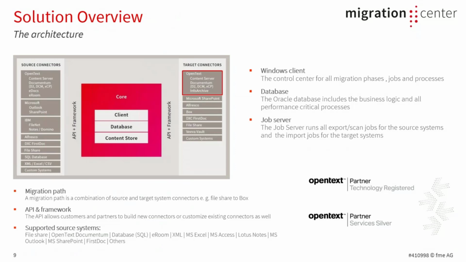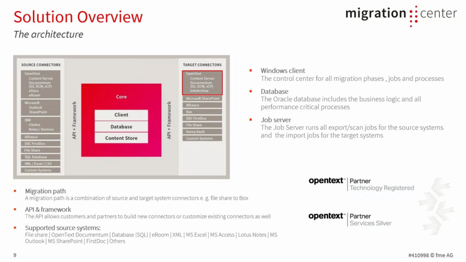In terms of the product itself, I just want to give you a short overview of its components. First of all, Migration Center consists of three main elements, and that's the Windows client. This, by the way, will be replaced by a web client within this year. But at the moment, it's still a Windows client, which is the control center for all the migration phases, jobs, processes, and all the configurations you need to get done before you start the migration.